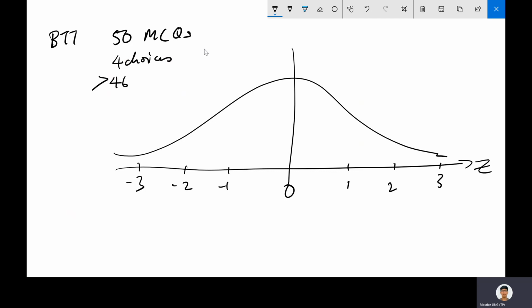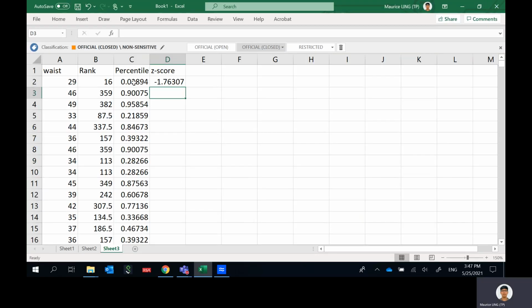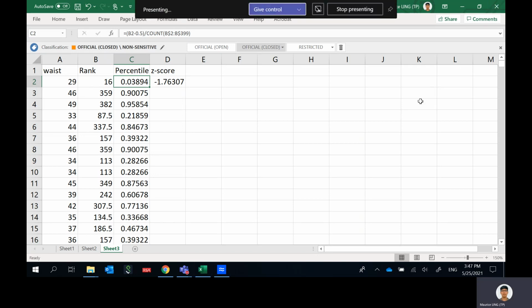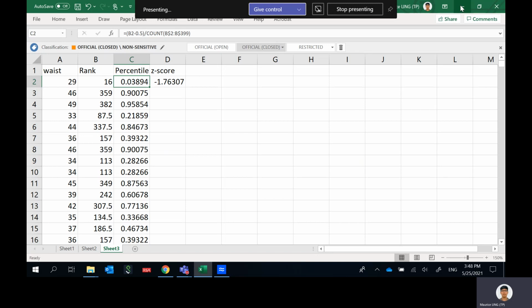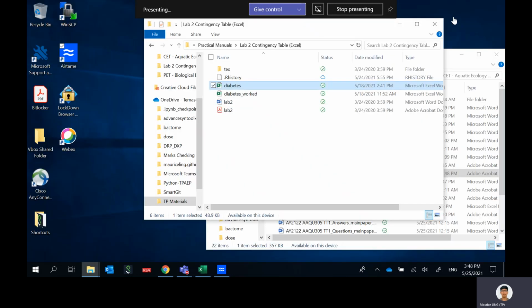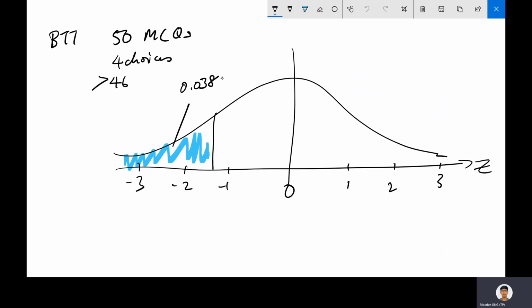For 0.03894, I'm asking Excel to tell me, if I have this area, what is the value here?